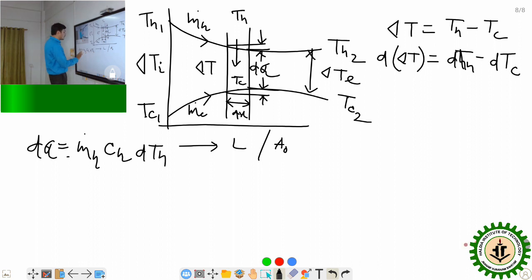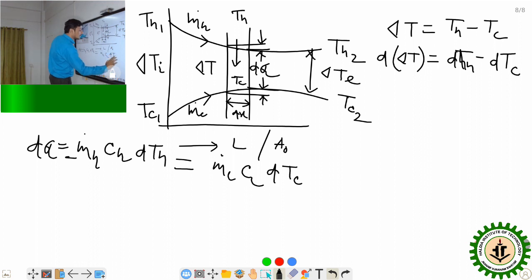We have put a minus sign here because the hot fluid gets cold. Again, it is equal to mC dot CC. CC is the specific heat of the cold fluid, DTC.